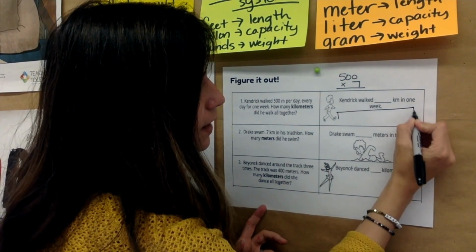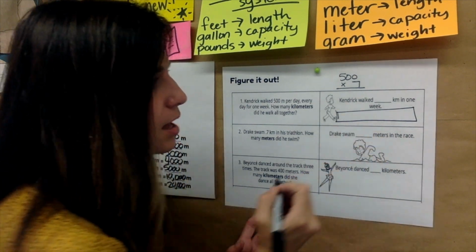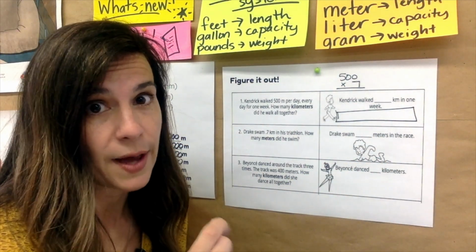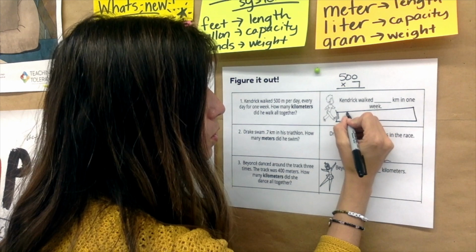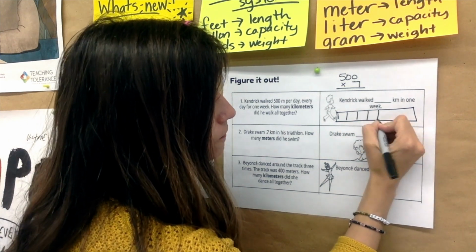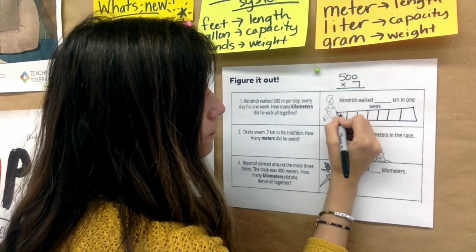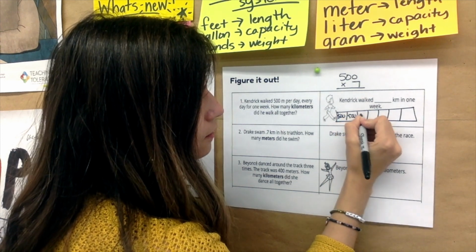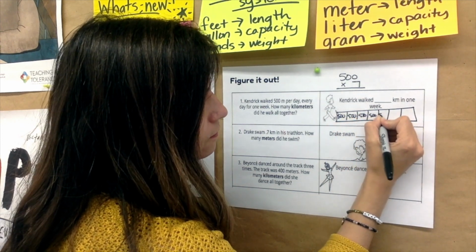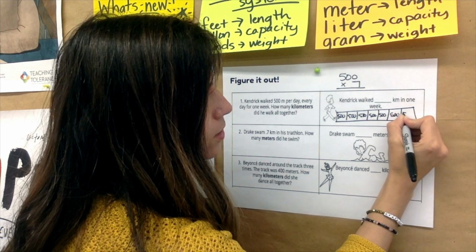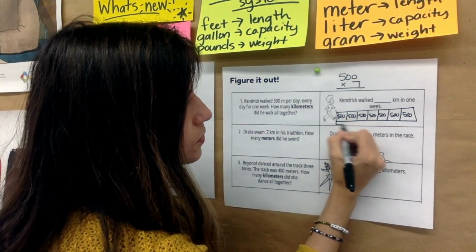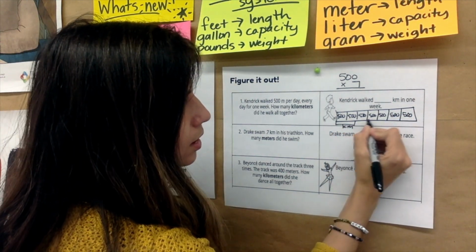So let me show you what I mean. If I want to do a tape diagram, and I want to have 7 spots, I'm going to draw 6 lines. So 1, 2, 3, 4, 5, 6, 500, 500, 500, 500, 500. That is a lot of walking. Okay, and now I can group this is 1 km.